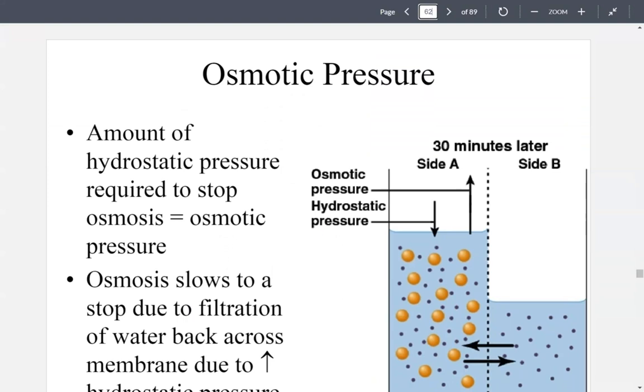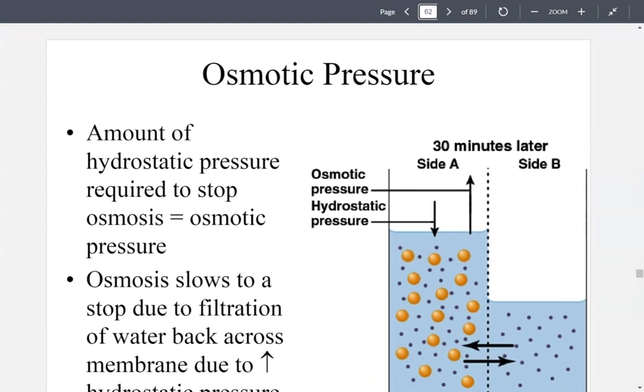Now, when we talk about osmosis, we also need to talk about something known as osmotic pressure. Osmotic pressure is the amount of hydrostatic pressure required to stop osmosis.